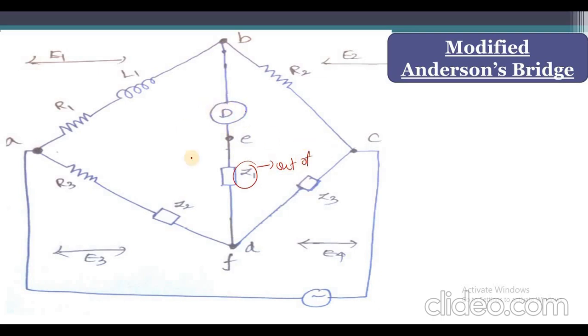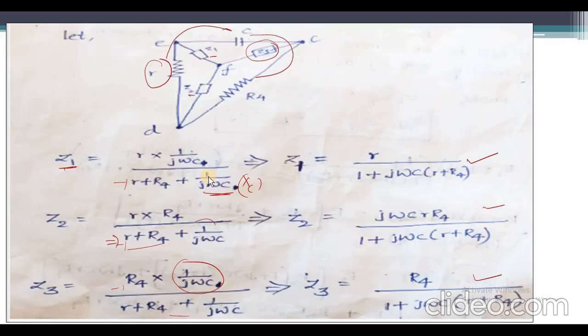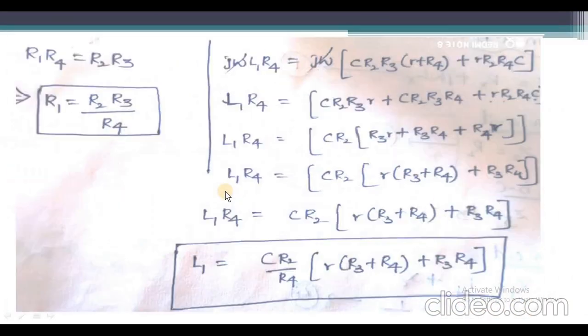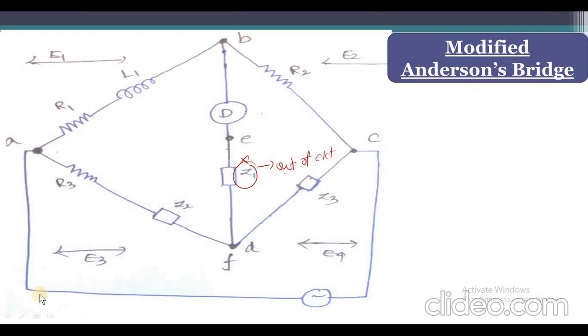The current flowing through this particular arm is 0, so we can neglect the Z1 expression. So it is the modified Anderson's bridge.